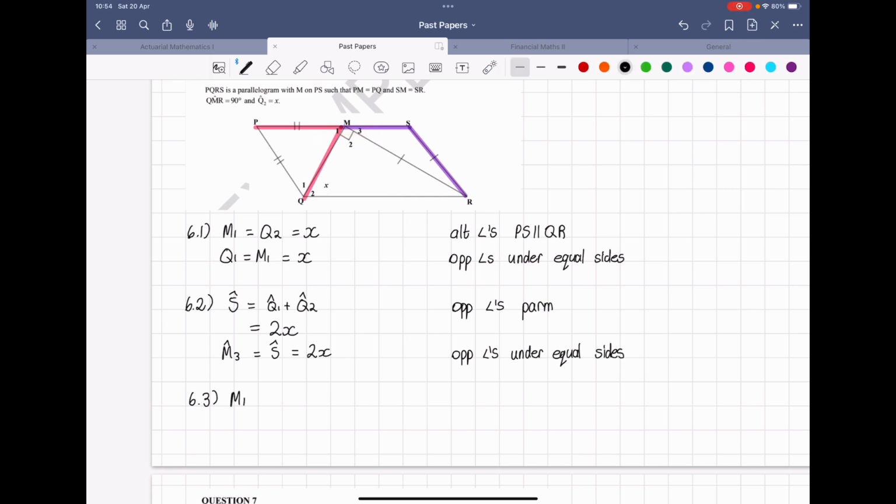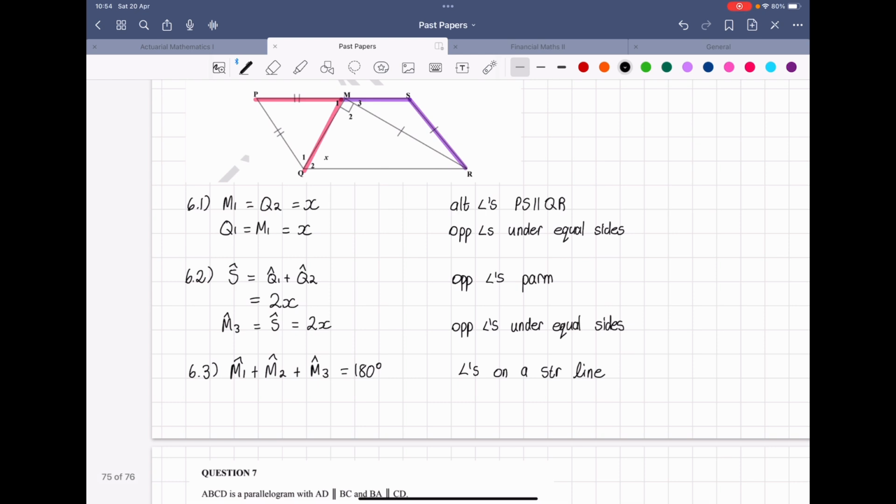So I'm going to say angle M1 plus angle M2 plus angle M3 equals 180, and that's angles on a straight line.